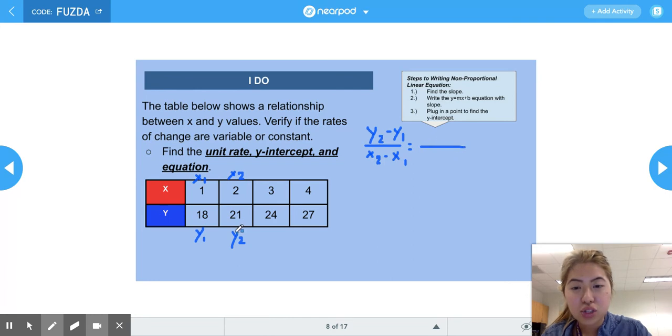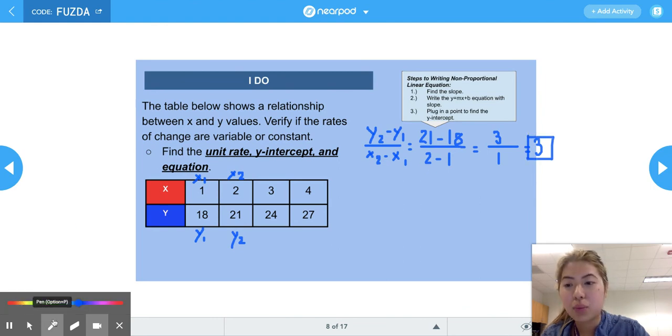So y2 is 21, and I'm subtracting my y1, which is 18. Then I'm doing x2 minus x1. My x2 is 2, my x1 is 1. So now I have 21 minus 18, which is 3, and 2 minus 1, which is 1. So 3 divided by 1 is 3. And so I have my slope, which is 3.